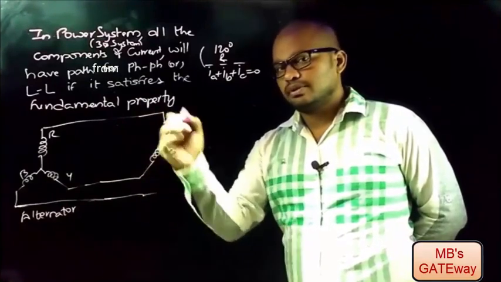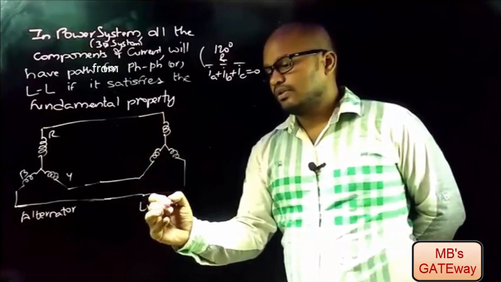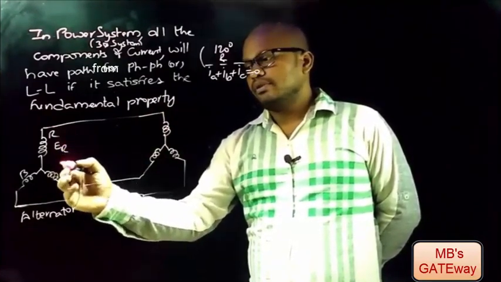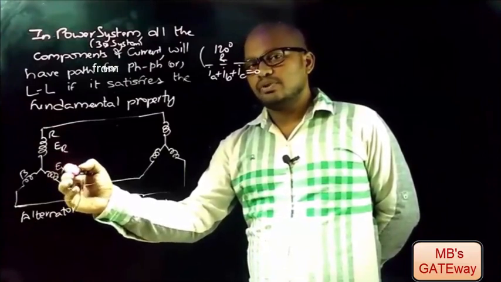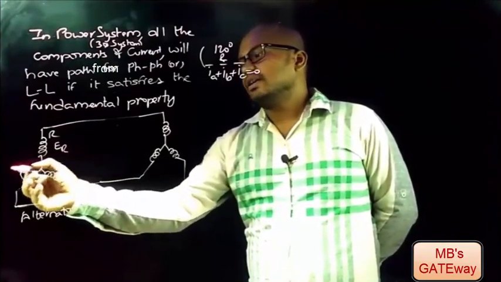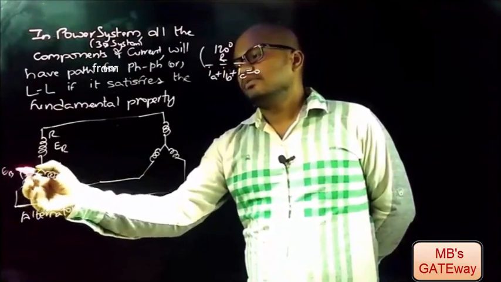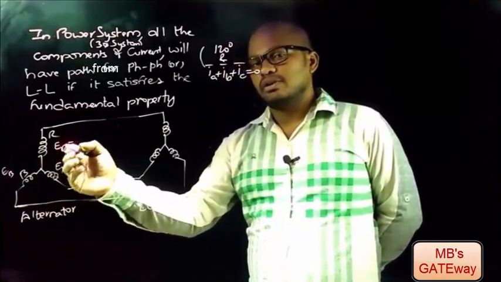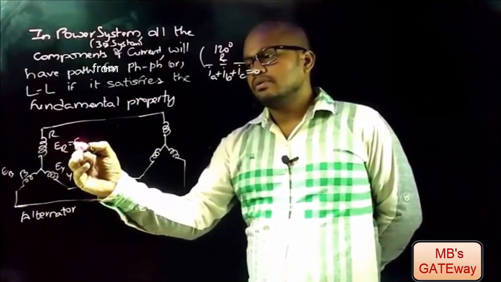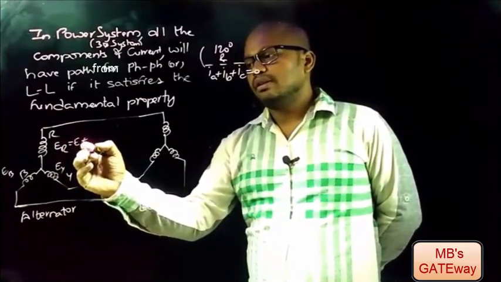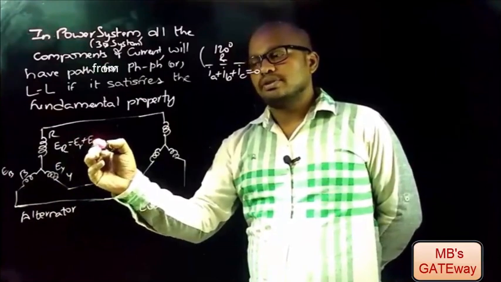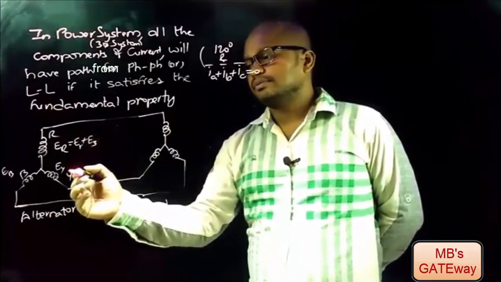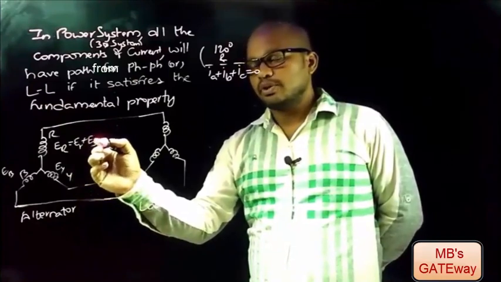Let us consider this to be the three-phase load, and suppose that ER is the EMF induced in phase R, EY is the EMF induced in phase Y, and EB is the EMF induced in phase B. As discussed, a non-sinusoidal signal will have a fundamental signal and harmonics, and for simplicity let us consider only the third order harmonic, because it is the most dominant harmonic.